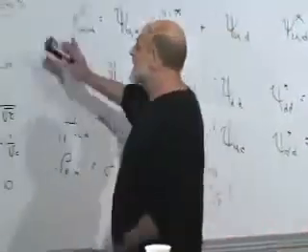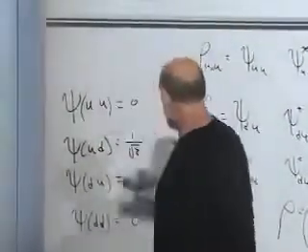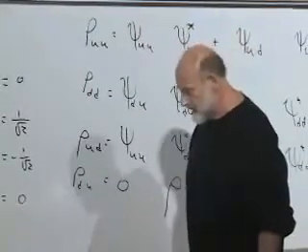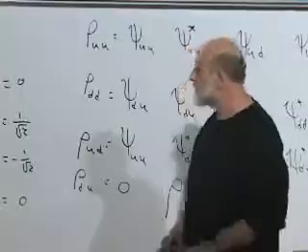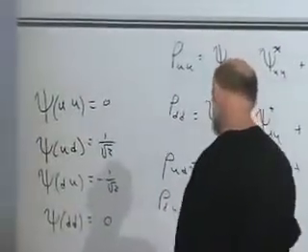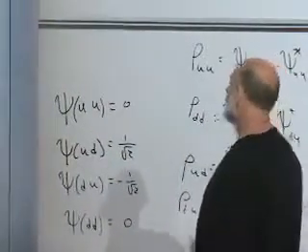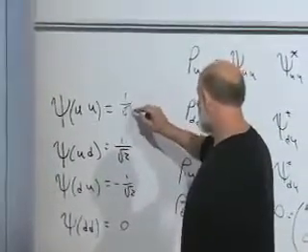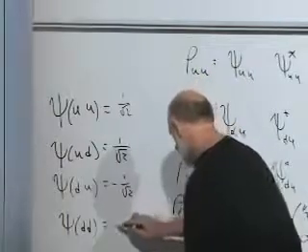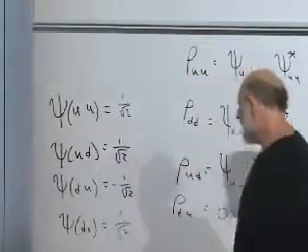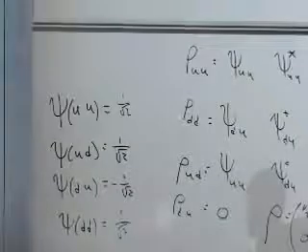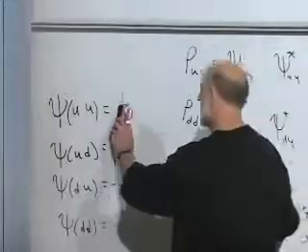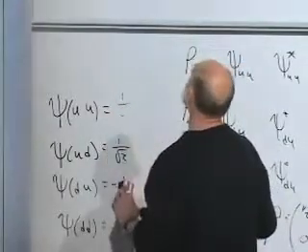Let me take another one. Let's try the following. I think I want 1 over square root of 2 here. Or do I want 1/2?